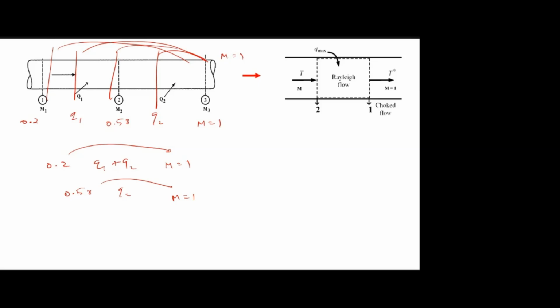Is that clear? Yes, sir. So by giving the proper Q value, all these station properties can be maximum accelerated to 1. Similarly, if you take supersonic, by giving the proper Q value, all the supersonic values can be decelerated to 1.